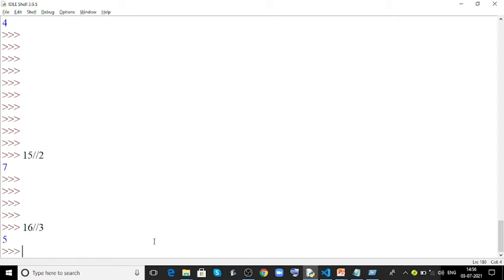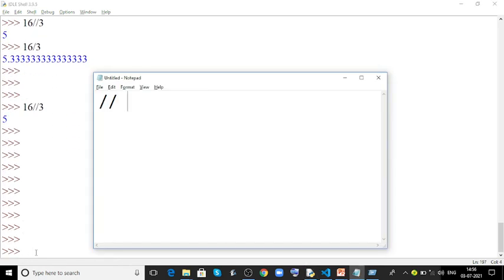It will give the int value. If I divide 16 by 3, I will get 5 point something. But if I use floor division, the answer will be 5 only. It will give the int value, right? So this operator is called floor division.